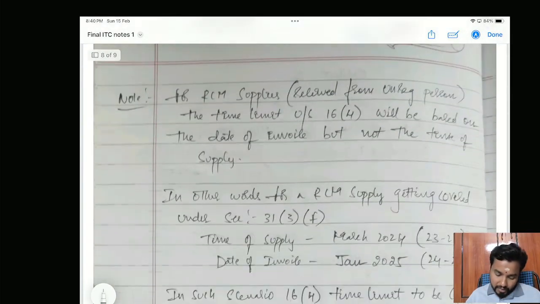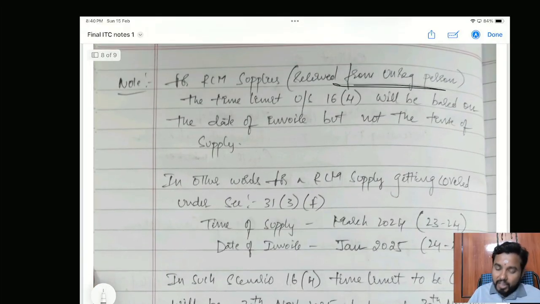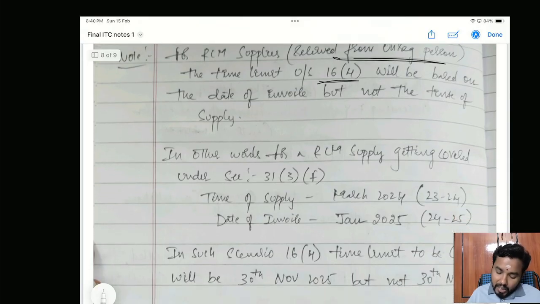Okay, so that's it. Next, RCM supplies received from an unregistered person. If you have received any supplies which are taxed under RCM, again there can be two categories: supplier registered and supplier unregistered. We are specifically covering the scenario where the supplier is an unregistered person. The time limit under section 16 subsection 4 will be counted from the date of invoice but not from the time of supply.